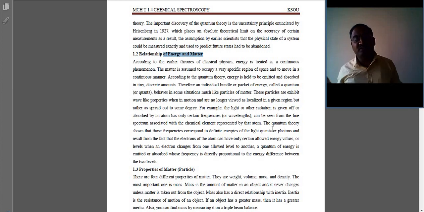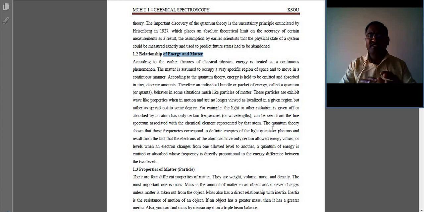Quantum or quanta, which behave in some situations much like particles of matter. These particles exhibit wave-like properties when in motion and are no longer viewed as localized in a given region, but rather as spread out to some degree.